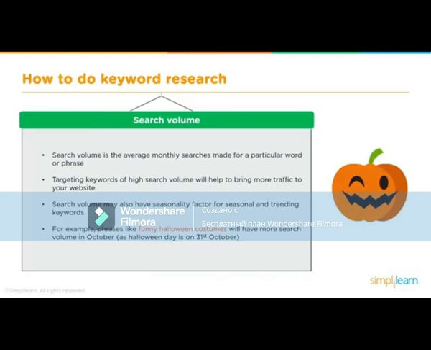Well, we know that for Halloween, you're going to have a spike probably towards the end of September, all the way through October, and then it's going to drop after October 31st, which is Halloween. So that's an example. But in the case of pizza recipes, you may find that more people are choosing to search for pizza recipes during maybe the summer months versus the winter months. So pay attention to seasonality. It will affect search volume.